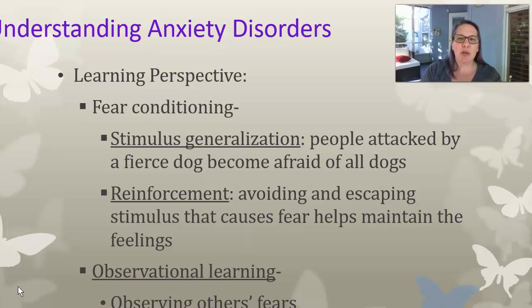The other thing the learning perspective says is observational learning. Okay, so we could be observing other people's fear responses, so that could be influencing our own fear response. I do not like spiders at all. I don't think I have a phobia against spiders, but I really, really, really don't like them. So much so that I will call someone else into the room to kill the spider for me.